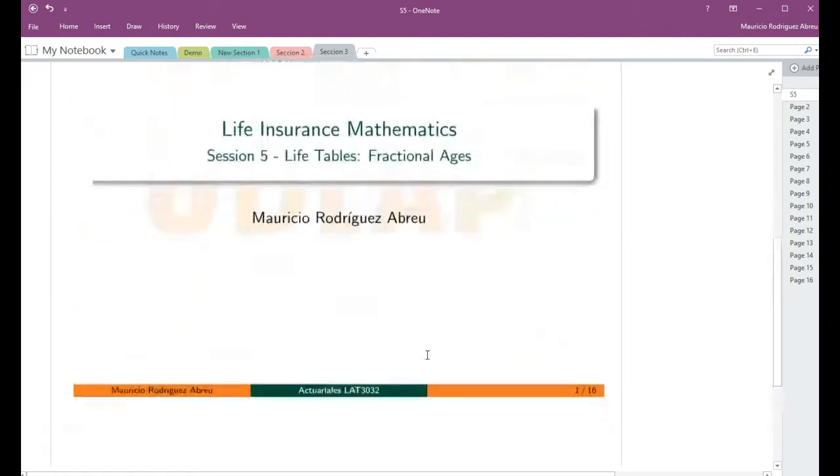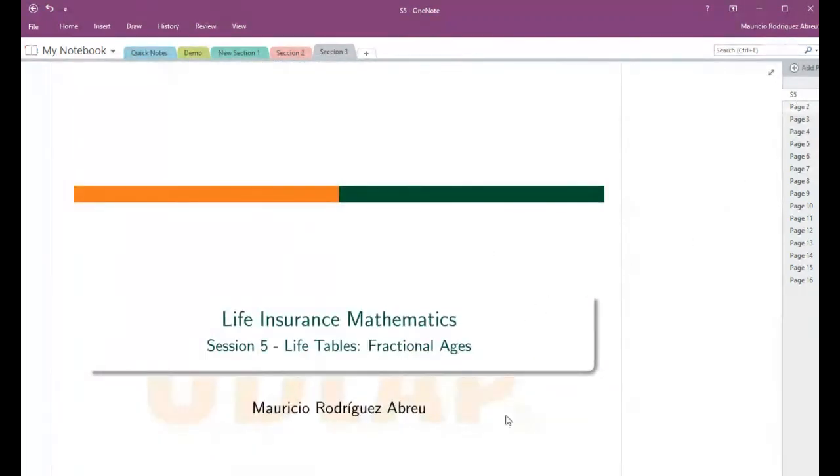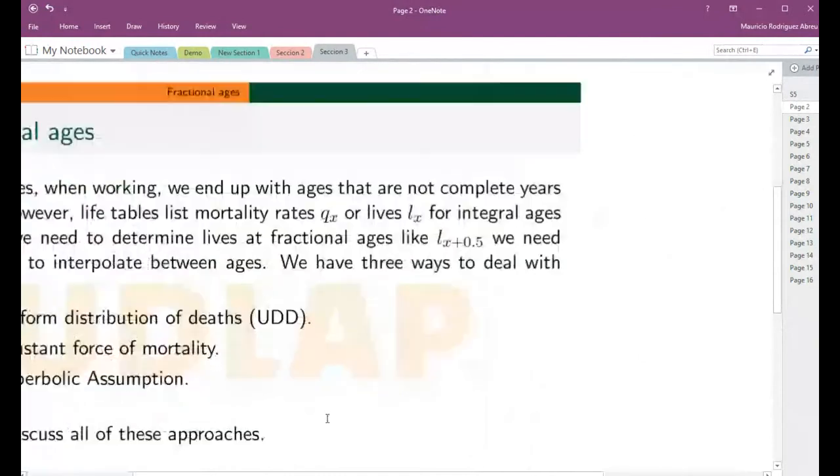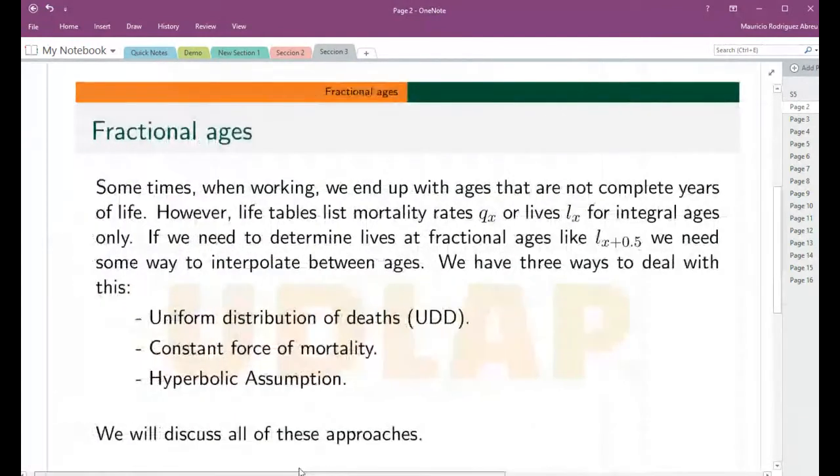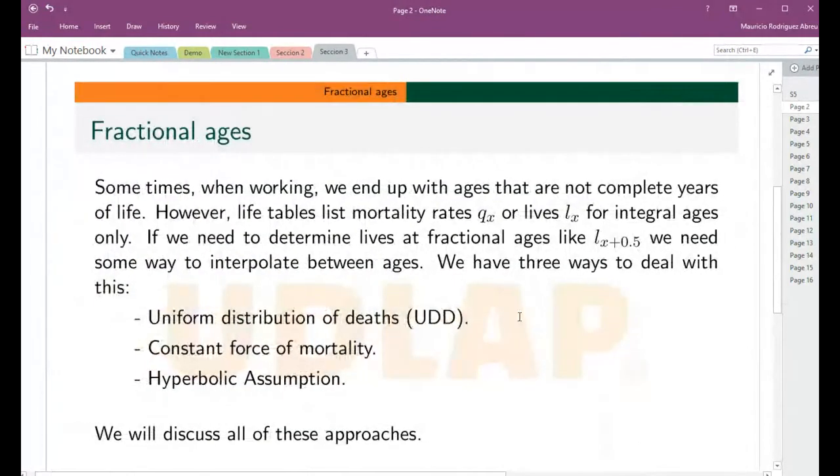So let me go to the next slide. This is essentially what I just told you: sometimes we want information for not complete years of life or complete years of duration.